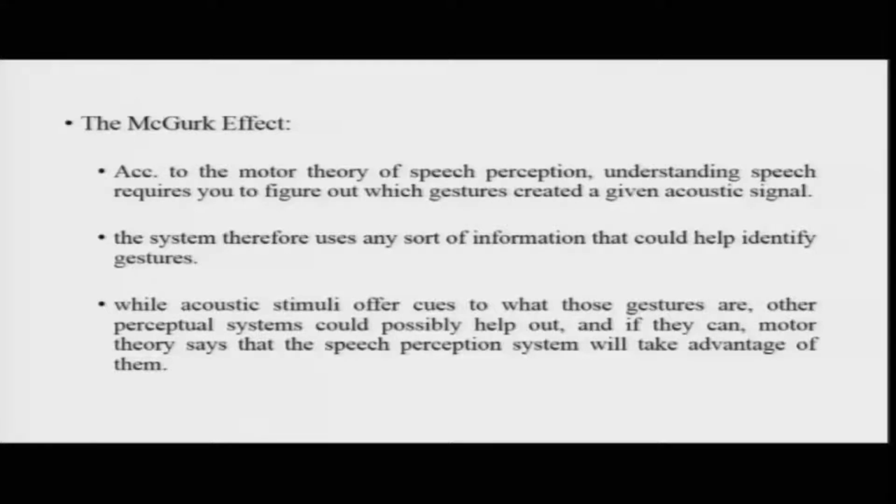Okay. So acoustic stimuli offer cues in themselves to what gestures might have created them. Other perceptual systems could also possibly point these out. The motor theory says that a speech perception system will take advantage of information about possible gestures from anywhere that it can. All right.